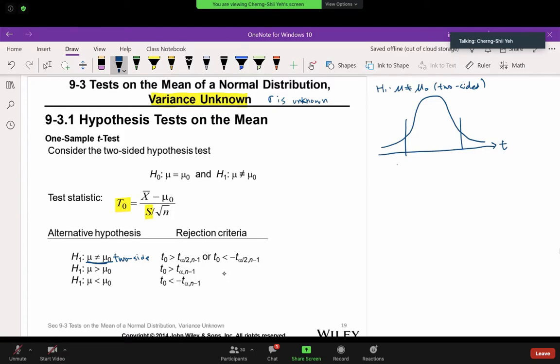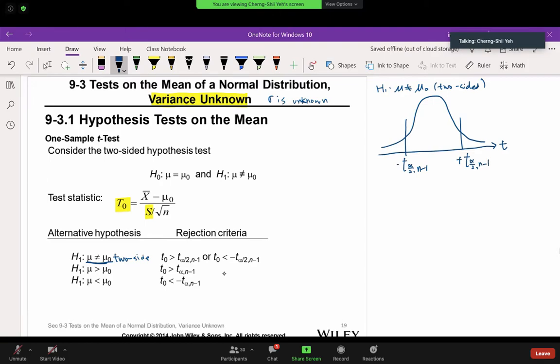The lower bound is going to be negative t alpha over 2. Don't forget one more parameter associated with the t distribution, that's your degrees of freedom, sample size minus 1. And the positive critical value is t alpha over 2, same thing, sample size minus 1.